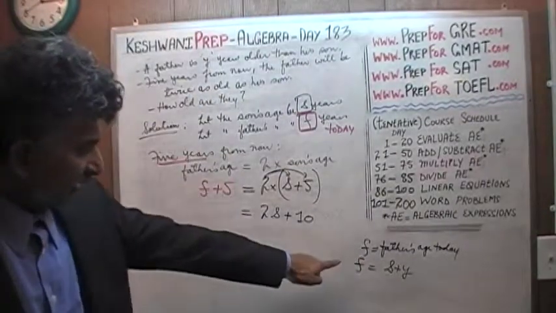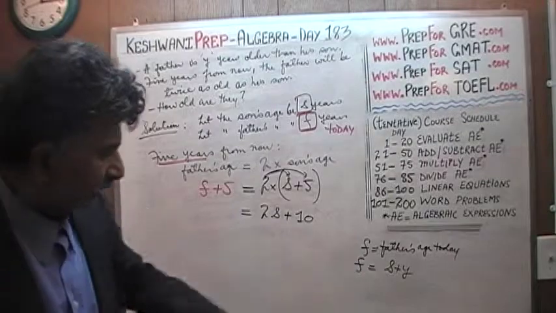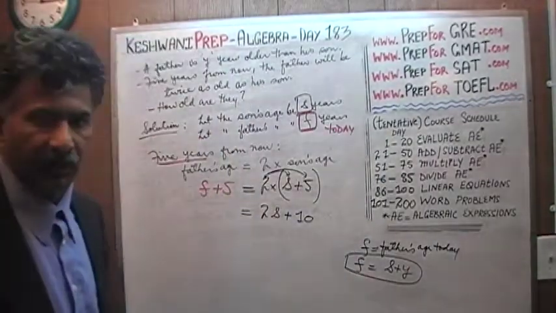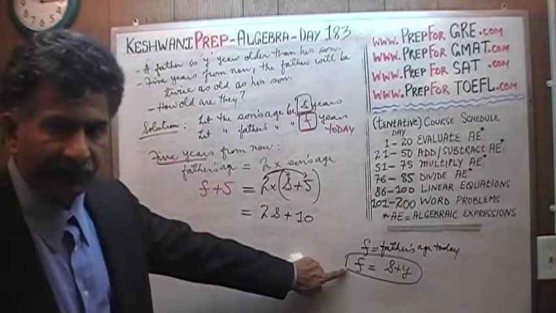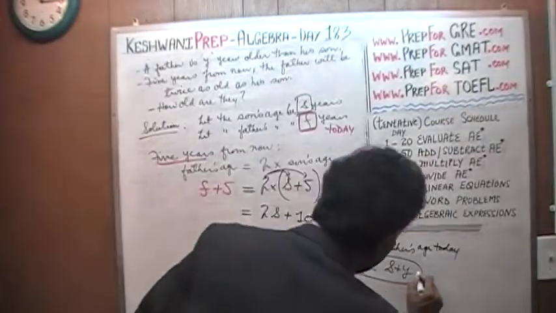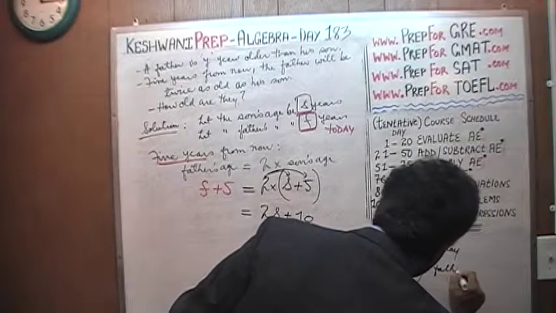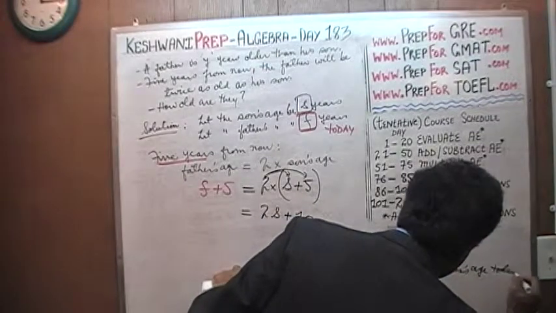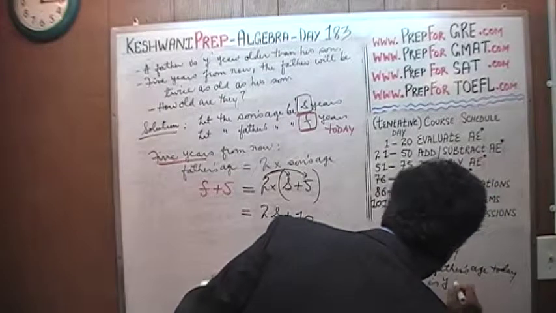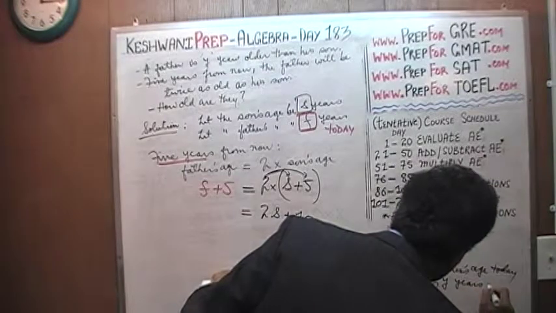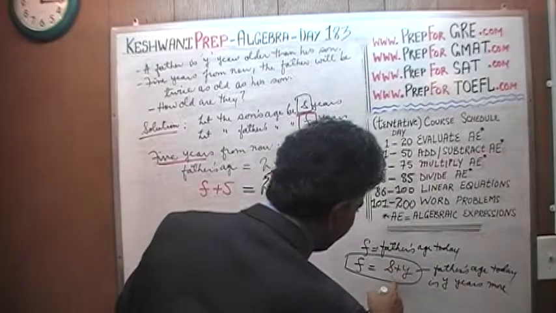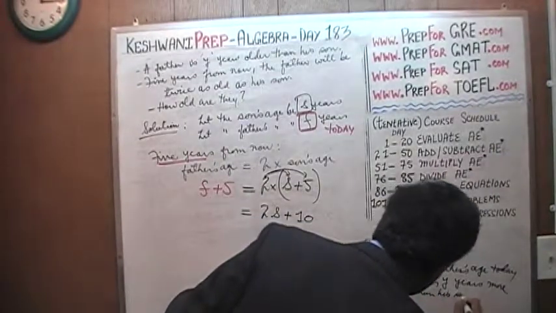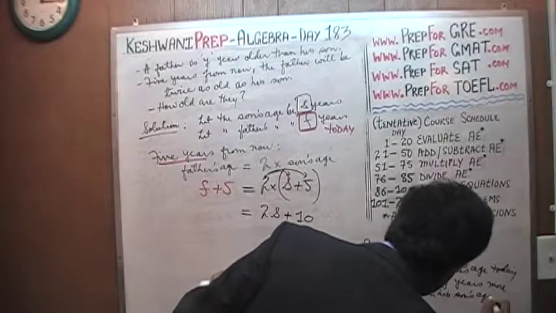And that equation here, if you were to read this in English, this is mathematical algebra obviously, we're going to read this in English. What this says in English is, father's age today is Y years more than his son's age today.